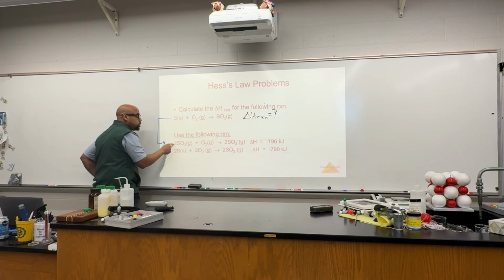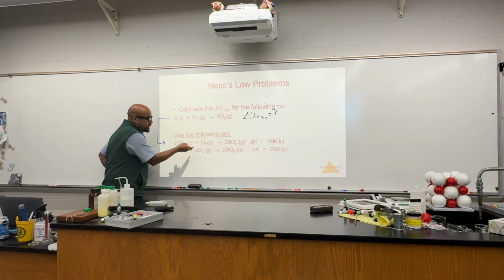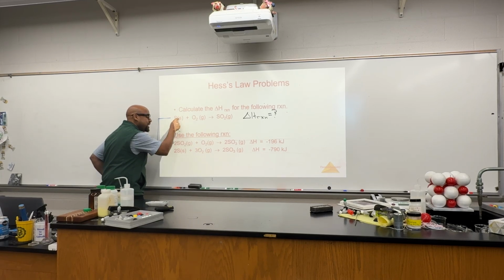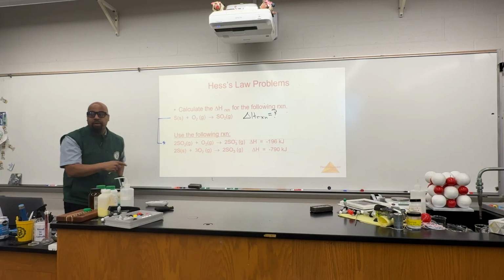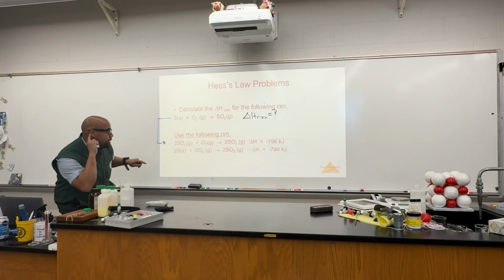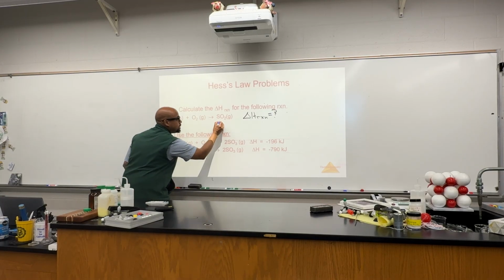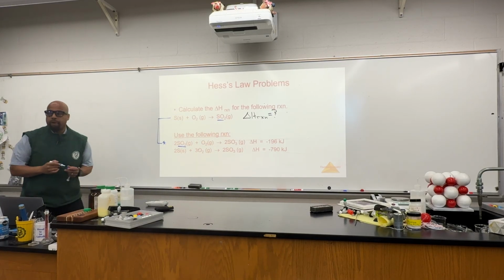Only those two share something in common, which means I am not going to choose oxygen. Oxygen appears in all three. I need something that only these two share in common, and it's going to end up being what? SO2, right? Sulfur dioxide. So I'm going to go here, and look at that. Those two match up perfectly.